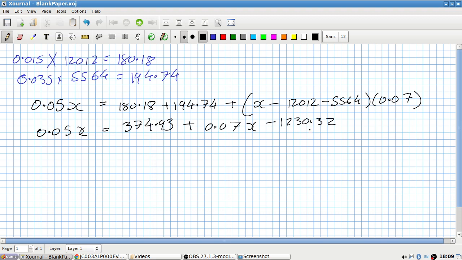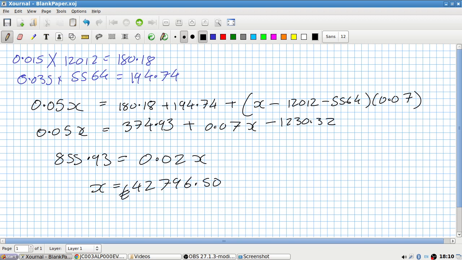So if I put that number together with that number and then take it to the other side, I get 855.93. And then if I put the 0.07x with the 0.05x, if I bring it over, it becomes a minus. So I'll be left with 0.02x. So I get x is 42,796.50.